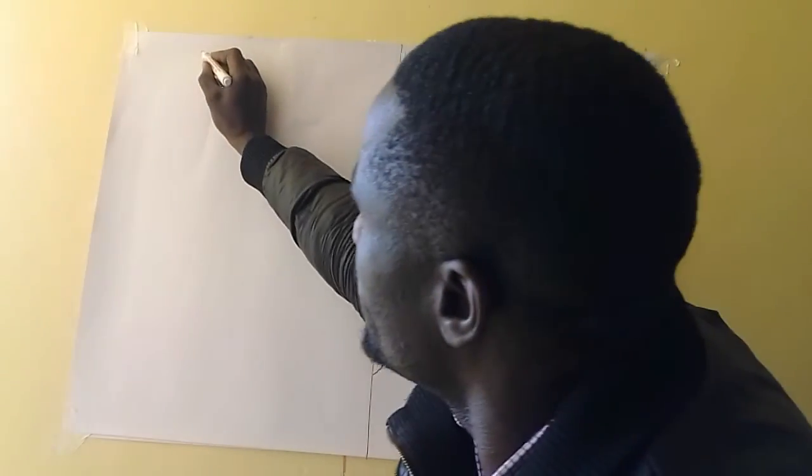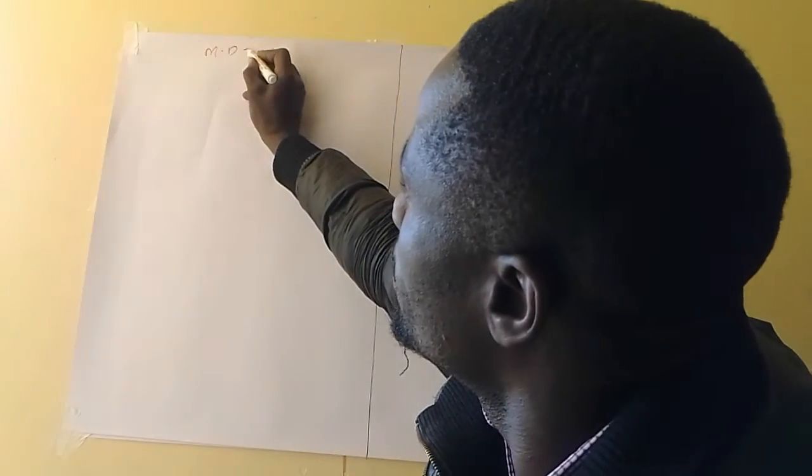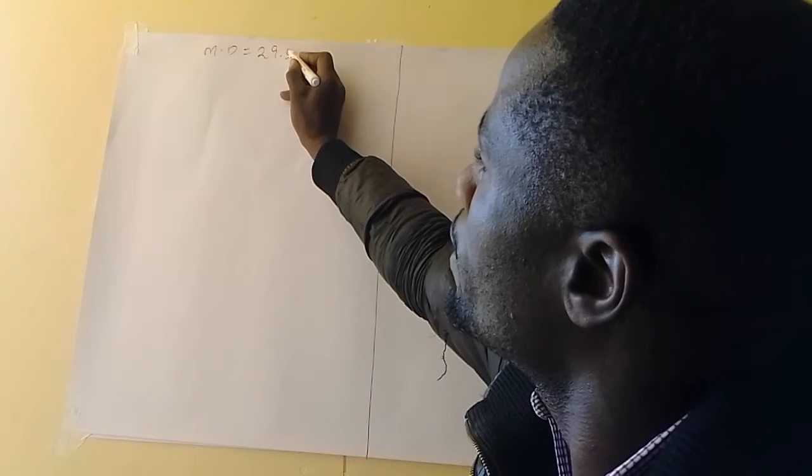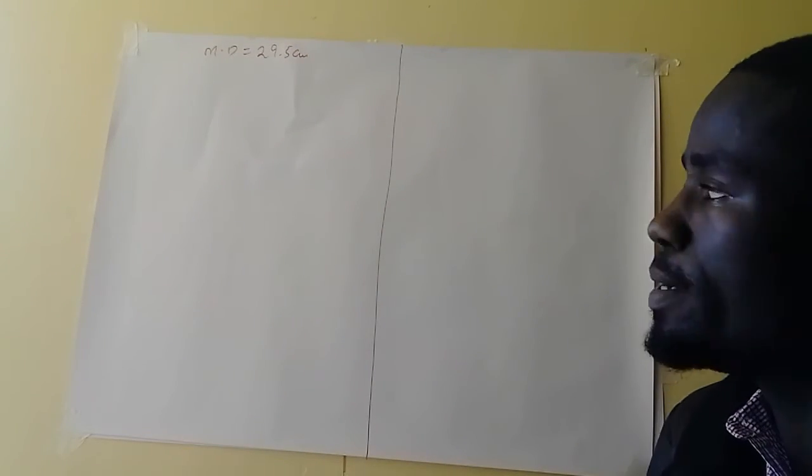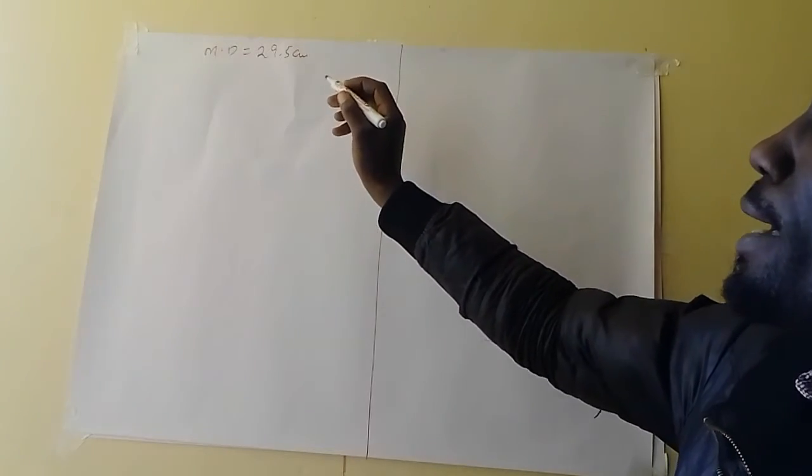Map distance has been 29.5 centimeters. Convert this into actual ground distance.